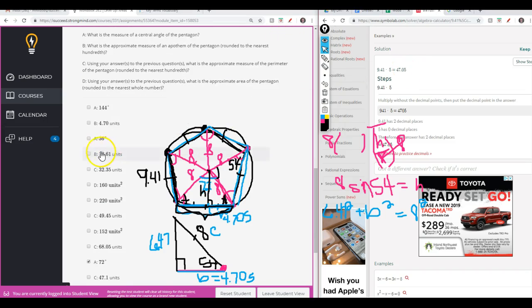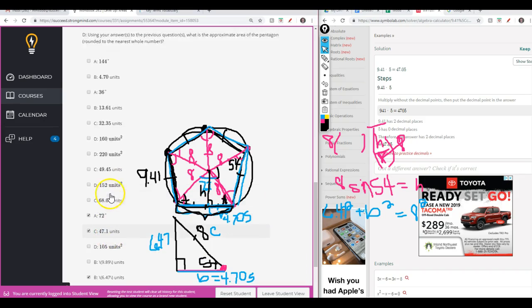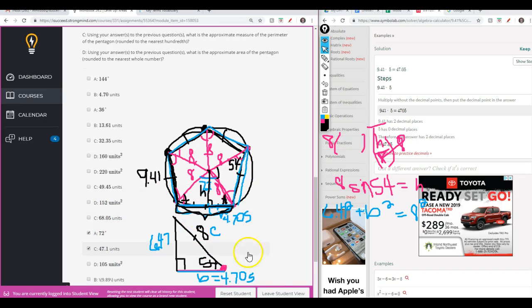And I'm looking for the value of C, because that's our answer for C, 47.05. And I am seeing 47.1 units, so that's our closest option. So again, there was just a few rounding errors that made the difference. So it is 47.1 units squared.